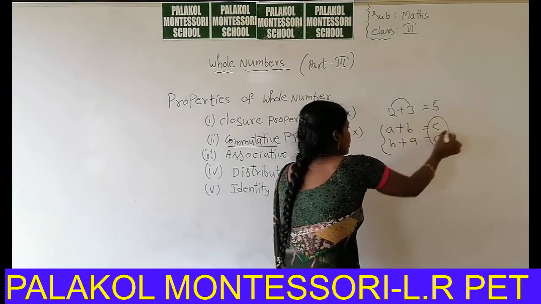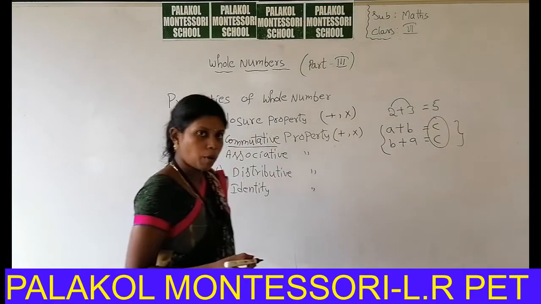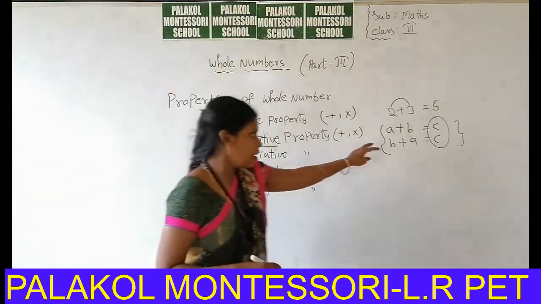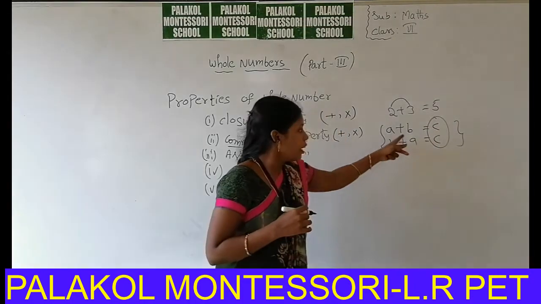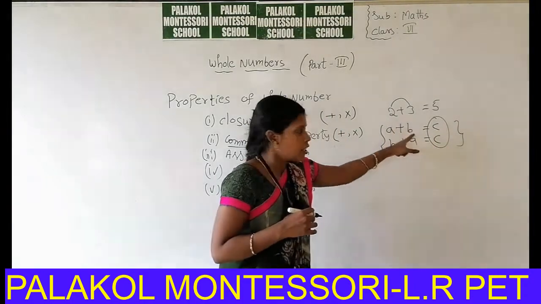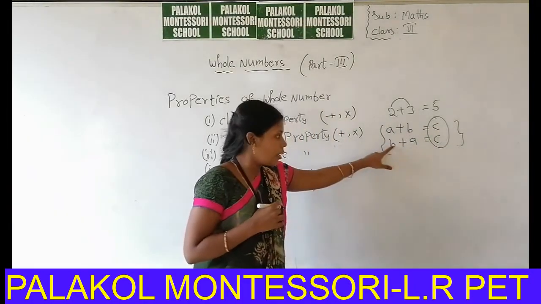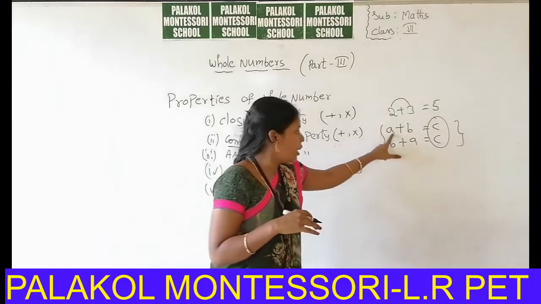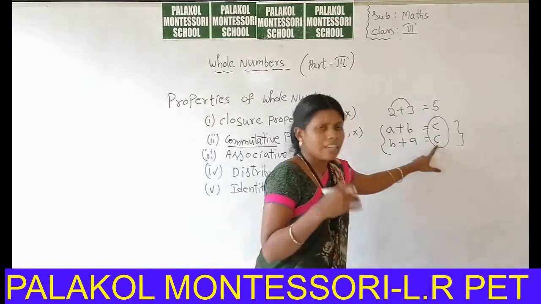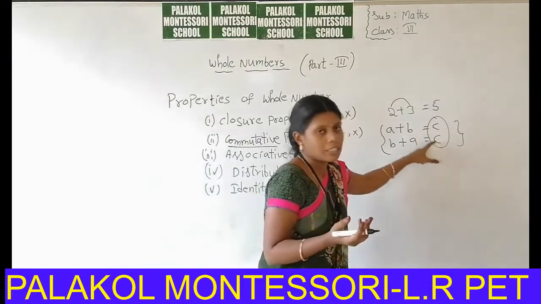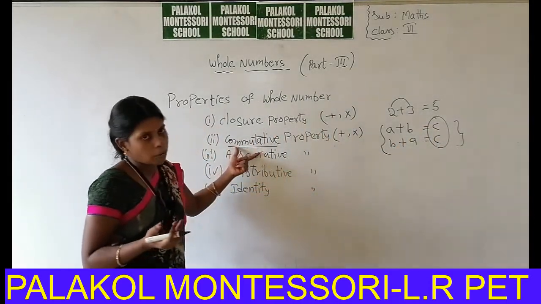So this is commutative property. We can add any two whole numbers and a result is there, and again you can change the order. b is in the first place, and a is in the next place.